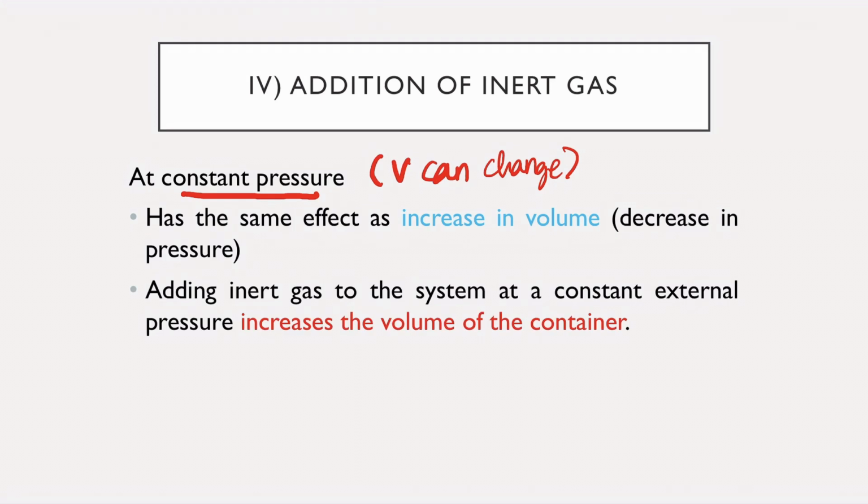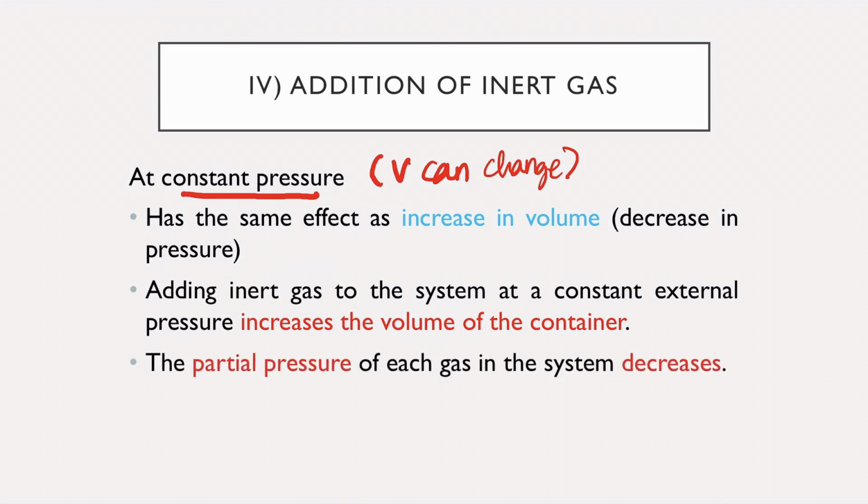Boyle's law. So, adding inert gas to the system at a constant external pressure increases the volume of the container. Since you are keeping the pressure the same and your volume can change, that means bila you add more gases, then the volume of your container will increase.